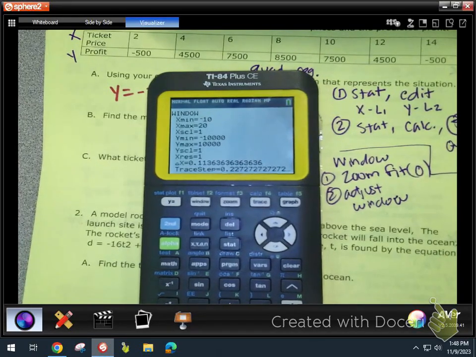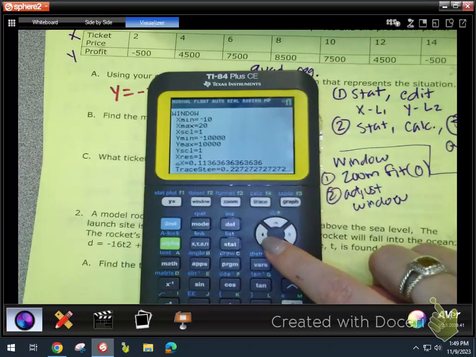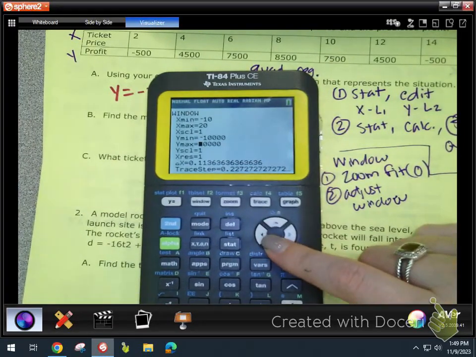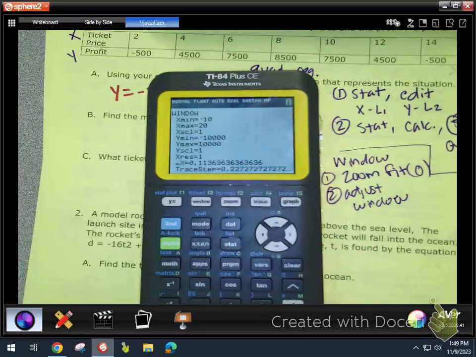Probably less than that. I'm at 20. Y min and max can very much be humongous, but the Y minimum needs to be negative. I always match them: the minimum is negative, the maximum is positive, just to keep a nice, pretty square shape.